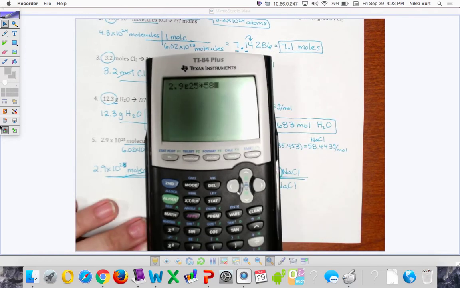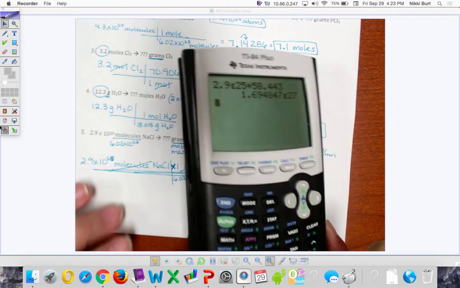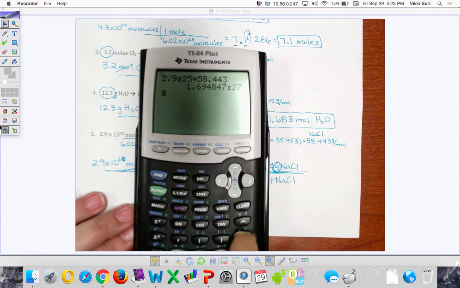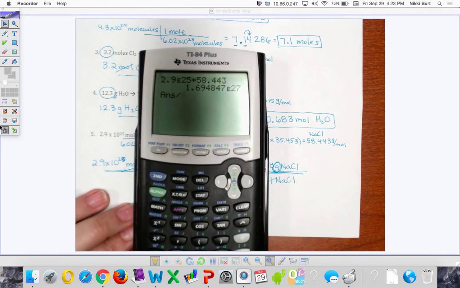And then we said that's times 1, and then times 58.443. Go ahead and hit enter. So that's the product of the top, or the numerator. Well, that's all divided by 6.02 times 10 to the 23rd.